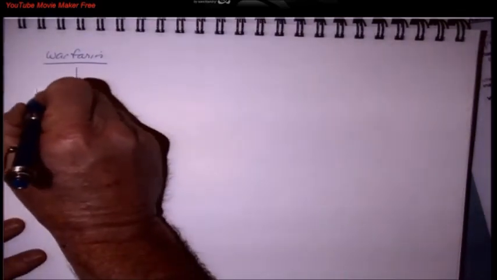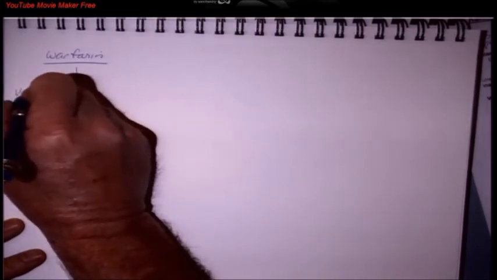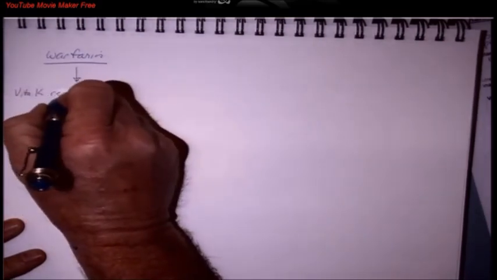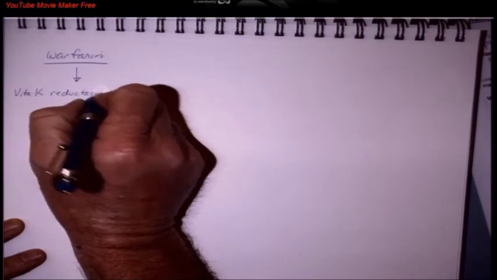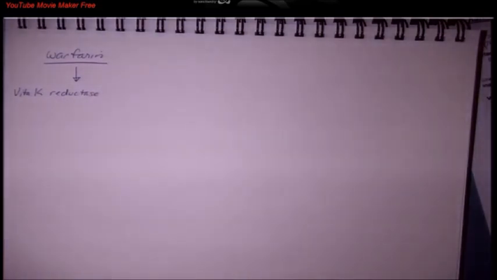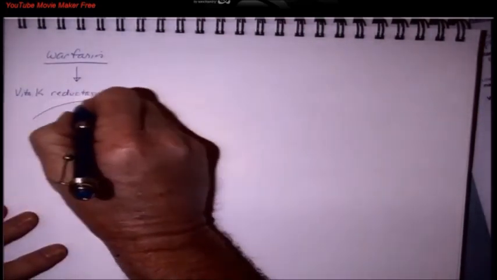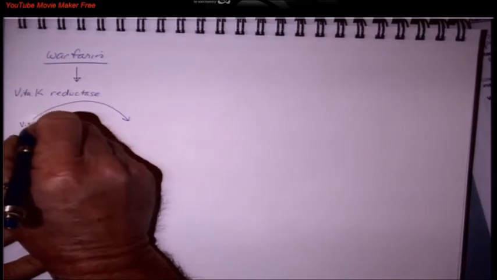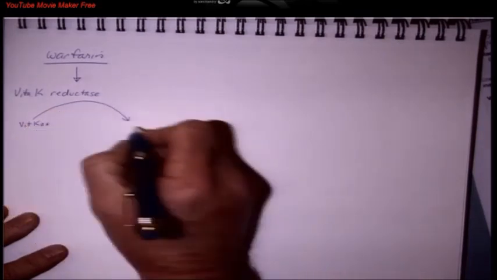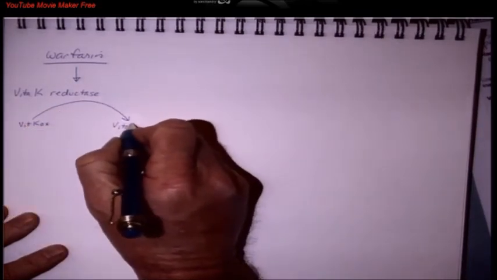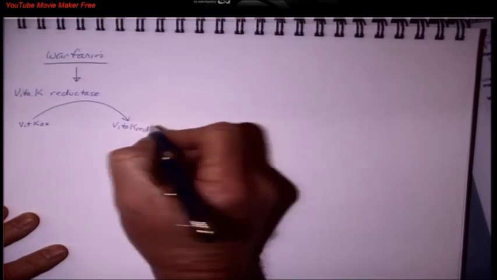So warfarin is an inhibitor of the vitamin K reductase enzyme. If we inhibit vitamin K reductase, what we are blocking is the vitamin K oxidized form going back to the vitamin K reduced form.